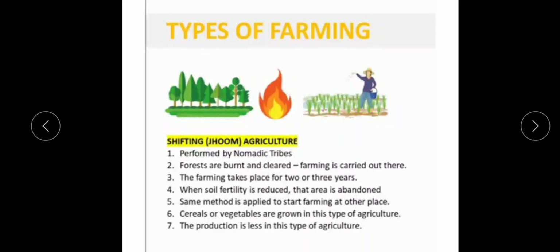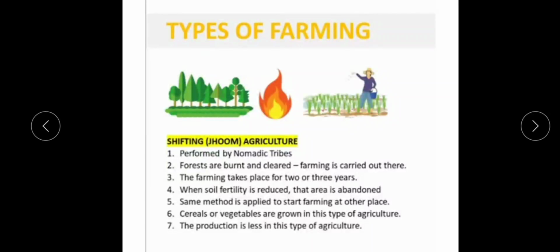If you talk about shifting zoom cultivation, it is most probably performed by the nomadic tribe. In this type of farming, what takes place is, first a piece of forest land is cleared by cutting the trees and burning trunks and branches.